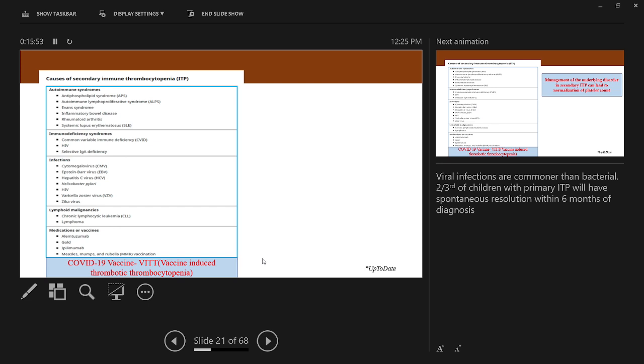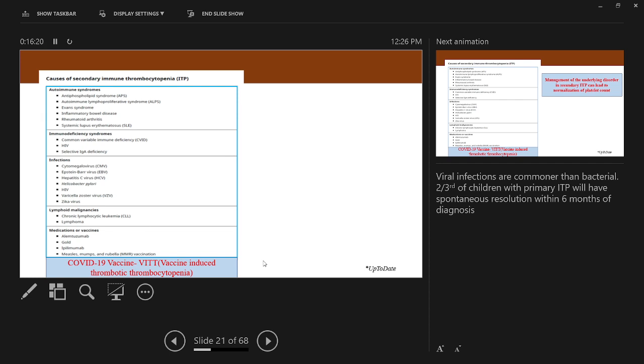So these are the causes of secondary ITP, which can be broadly divided into autoimmune syndromes, secondary to autoantibody production because of systemic disorders like antiphospholipid antibody syndrome, Evans syndrome, IBD, SLE. Immunodeficiency syndromes like CVID, HIV, selective IgA deficiency. Infections, most commonly HCV, which is very pertinent in causing thrombocytopenia, so one must remember HCV as a cause of thrombocytopenia.